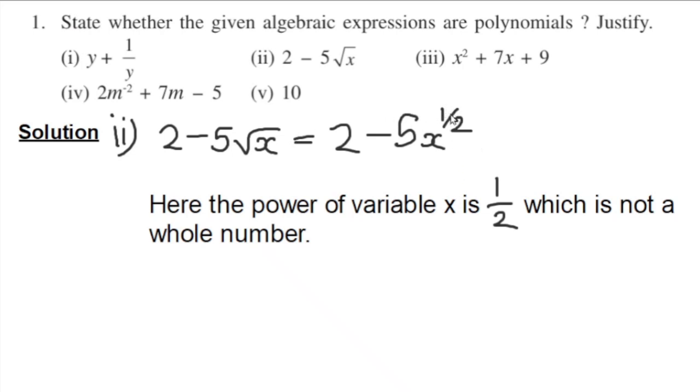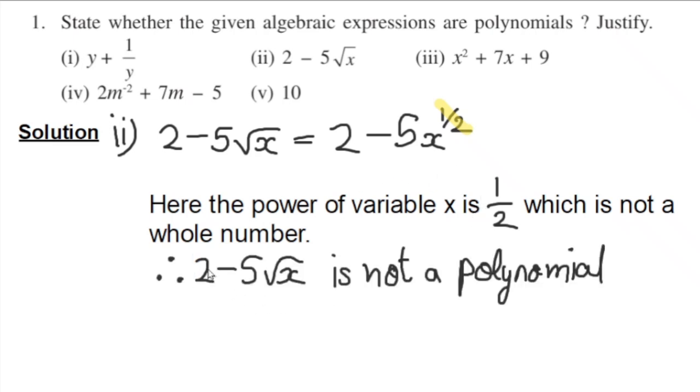Root x is there, so we have written x raised to half. So the power of this variable is half, which is not a whole number. Half is not a whole number. Therefore 2 minus 5 root x is not a polynomial. This is how you have to solve.